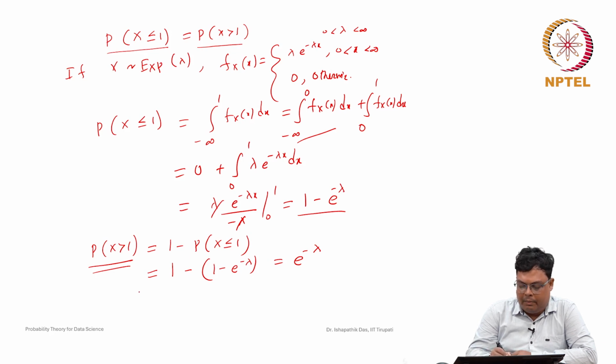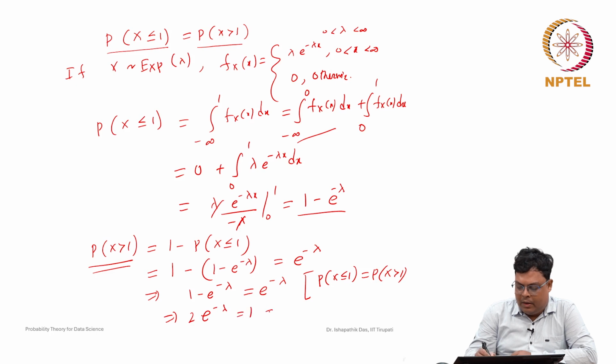Because it is given that the probability of x less than or equal to 1 equals the probability of x greater than 1, this implies 1 minus e to the power of minus lambda is equal to e to the power of minus lambda. So 2 times e to the power of minus lambda is equal to 1, so e to the power of minus lambda is equal to 1 by 2.